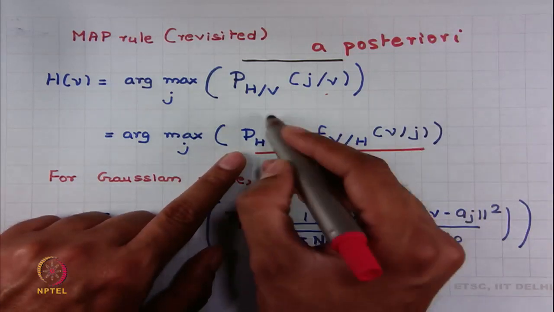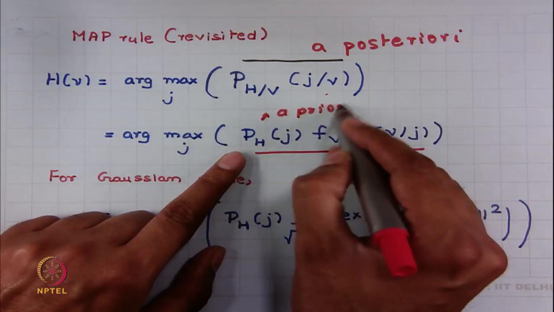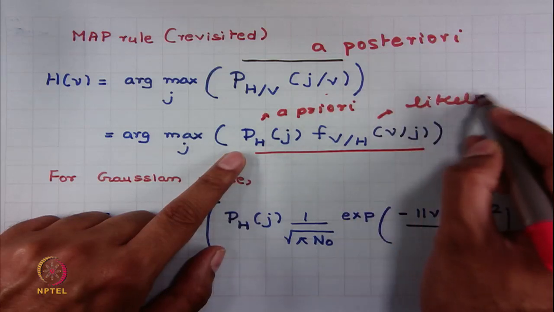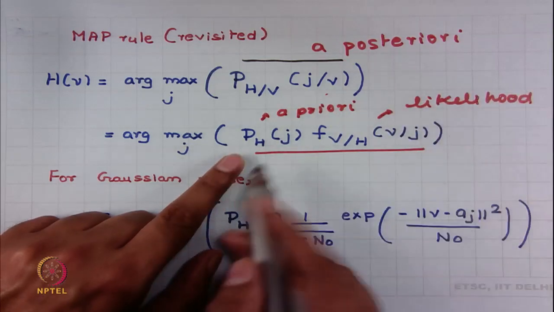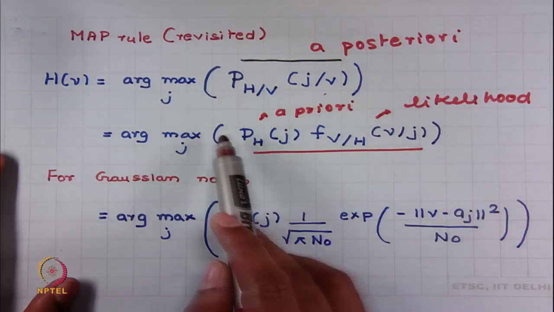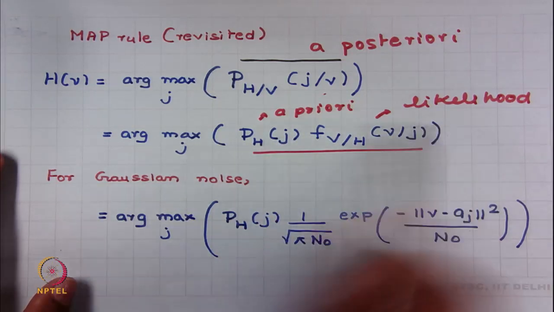So, this is the a priori probability and this is the likelihood. So, maximizing the a posteriori probability is the same thing as trying to maximize the product of the a priori probability with the likelihood.